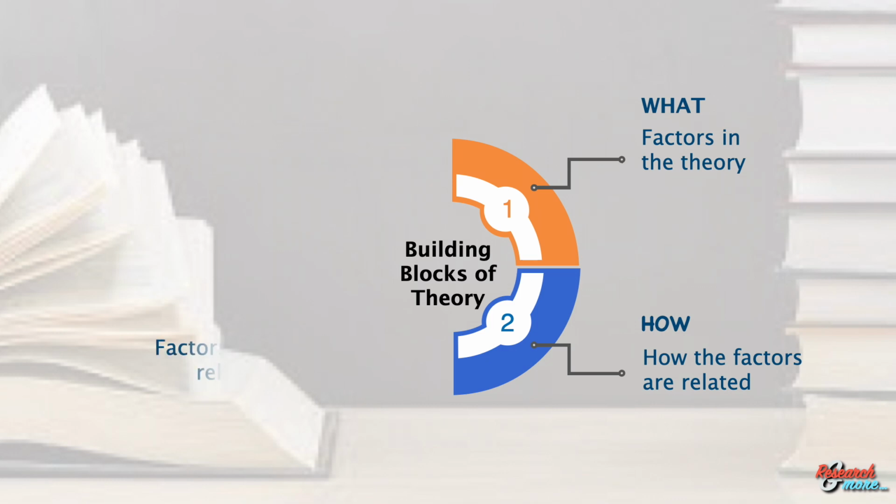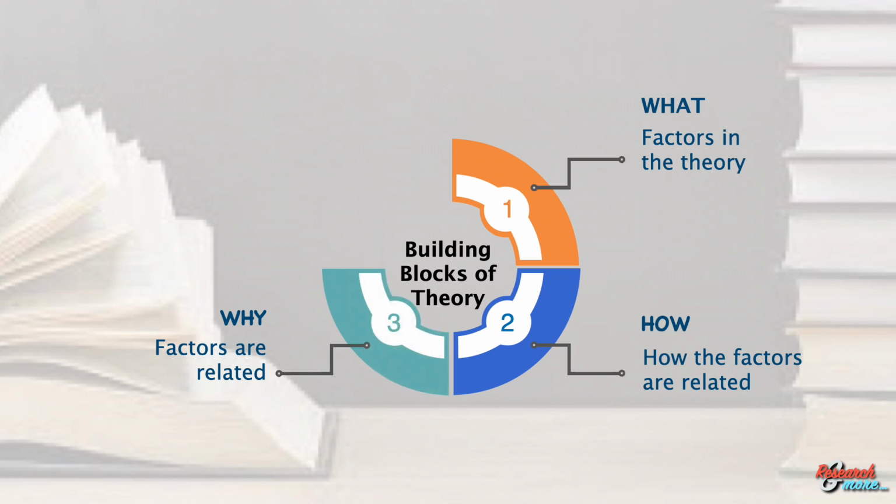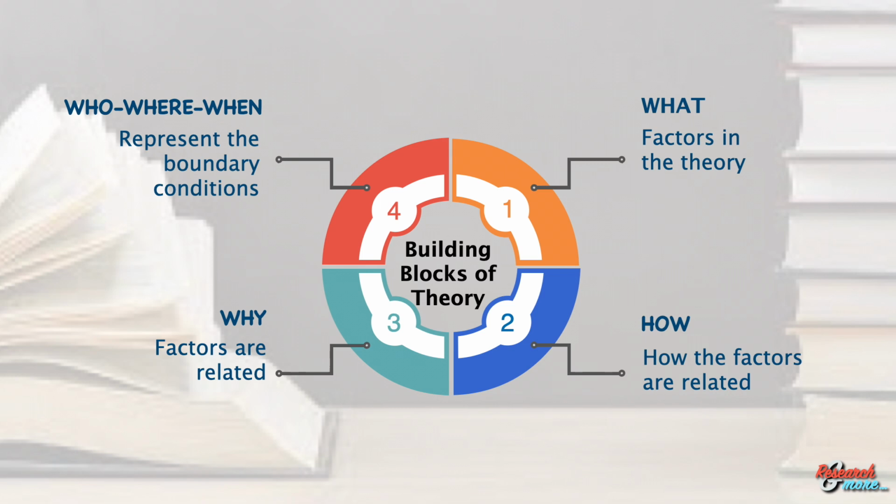The why element is the rationale behind the model that explains the reasons for others to give credence to the representation. Finally, the fourth building block comprises who, where, and when, which are the conditions that place limitations on the propositions generated from the theoretical model.